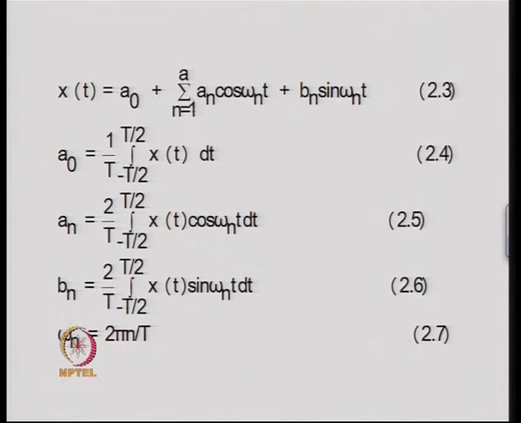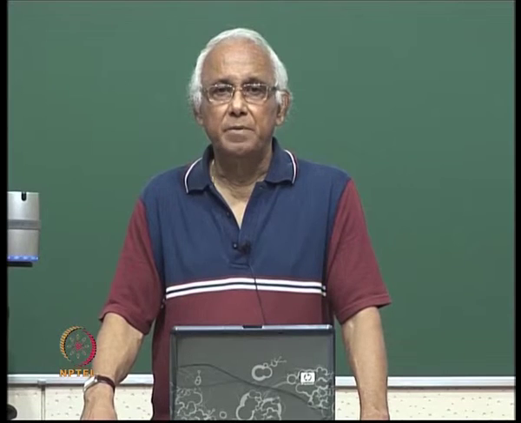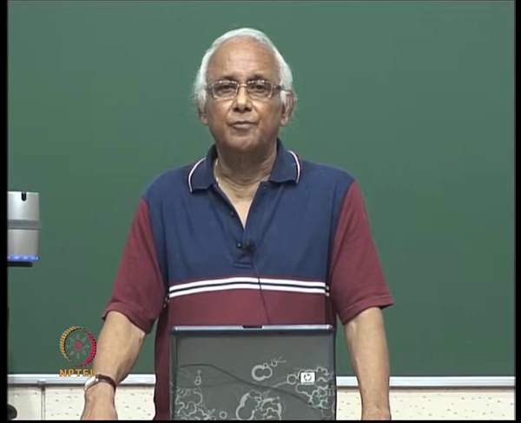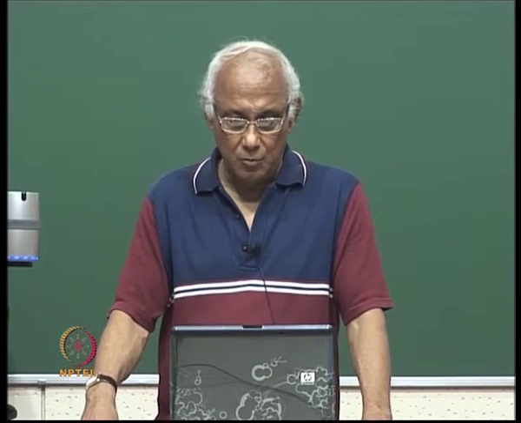Equations 2.5 and 2.6 describe a_n and b_n, the two constants associated with equation 2.3, and omega_n denotes 2 pi n by T. 2 pi by T is the frequency resulting out of the period, or duration, of the ground motion.